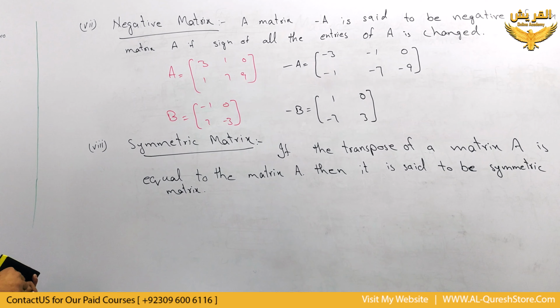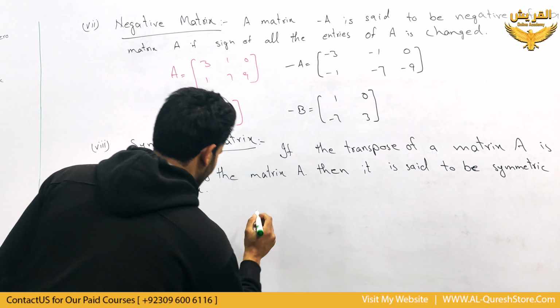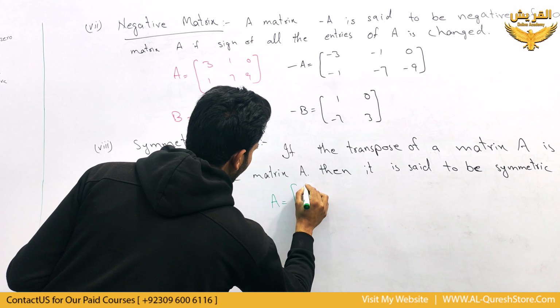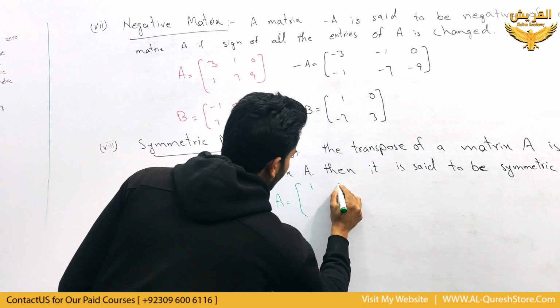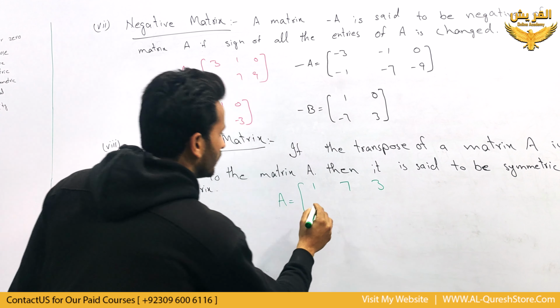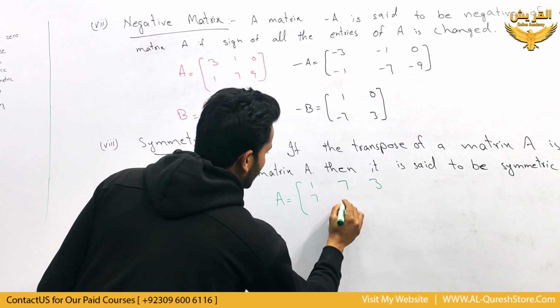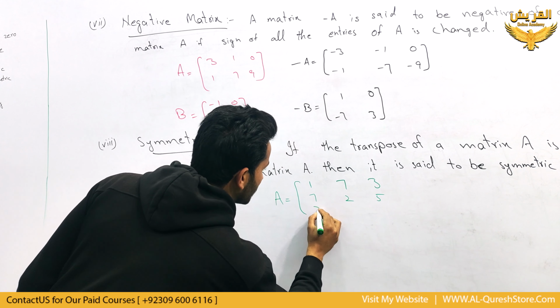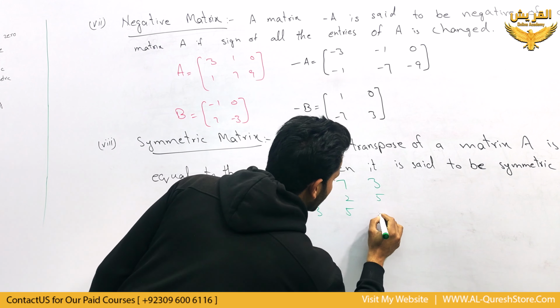For example, we have a matrix: 1, 7, 3, 7, 2, 5, 3, 5, 8.